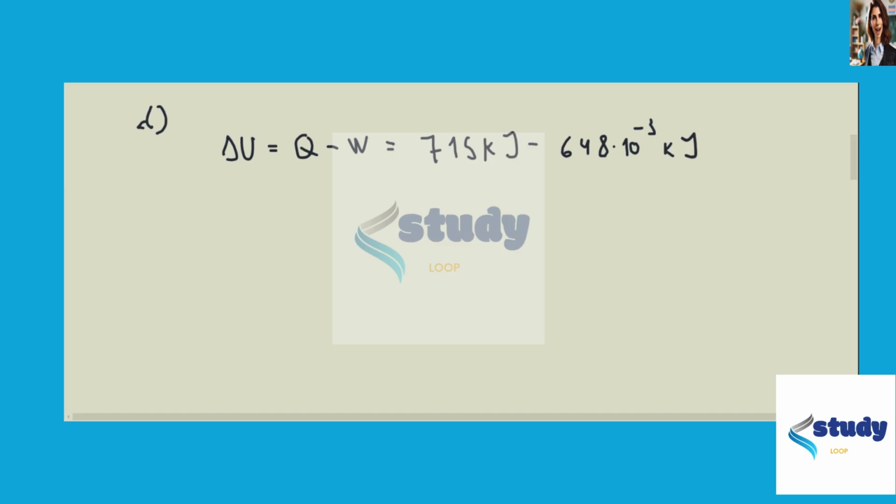So this will basically be just joules, and when we subtract these values, we see delta U equals 714.35, which is approximately equal to 714.5 kilojoules.